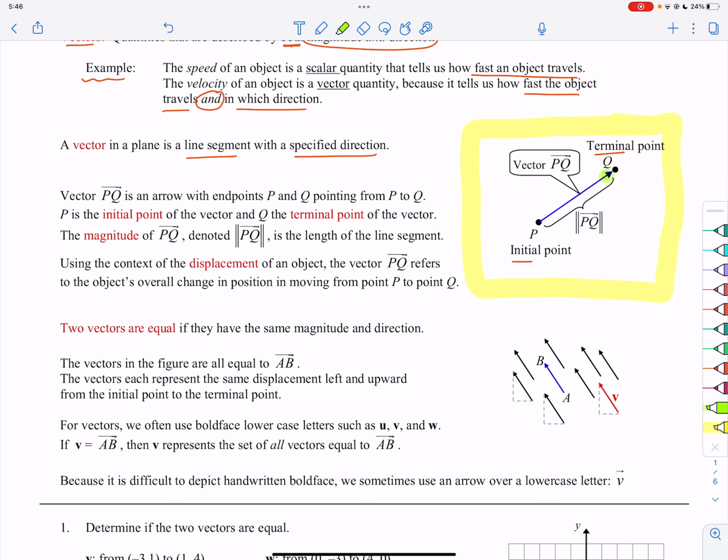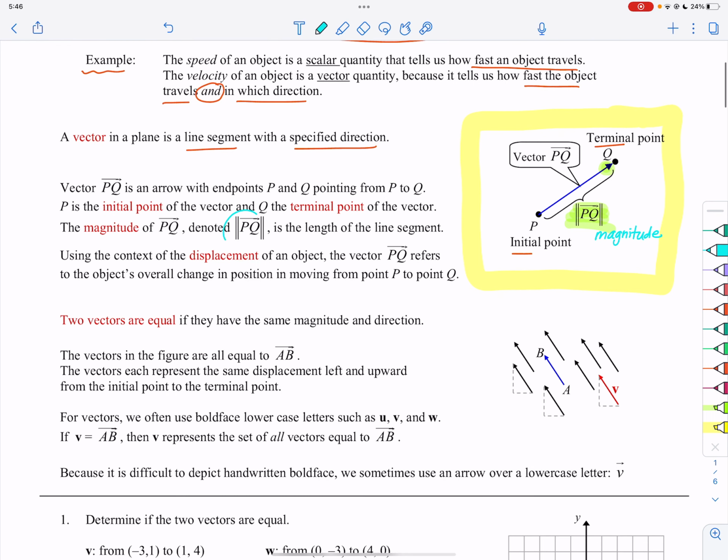The magnitude is noted as this, and there's usually two vertical lines on each side of the vector notation. You can also see it here. And this is the length of the line segment.